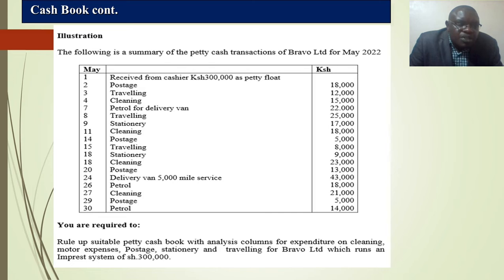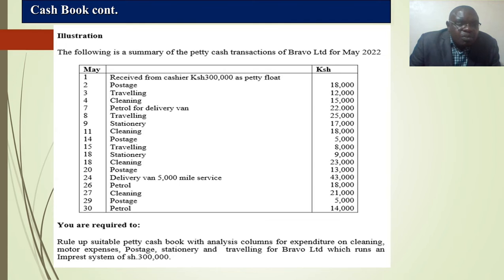On the 20th, postage 13,000. On the 24th, delivery van, that is 43,000. On the 26th, petrol 18,000. On the 27th, cleaning 21,000. On the 29th, postage 5,000. On the 30th, petrol 14,000. So what is the requirement?